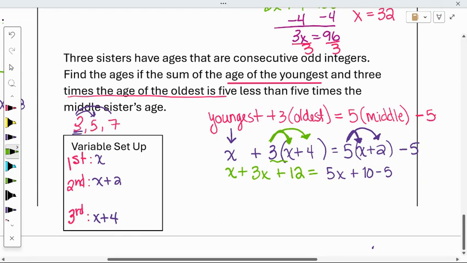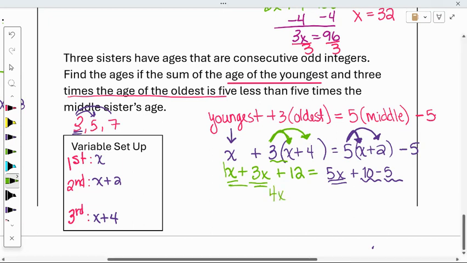You're going to simplify the left side. And you're going to simplify the right side. What do you want the left side to look like? We're combining like terms. 1x plus 3x is 4x.